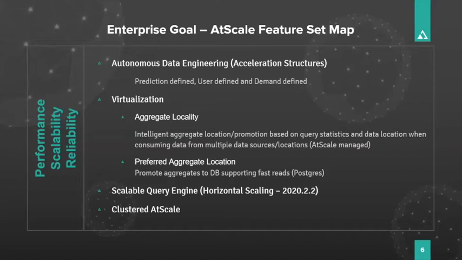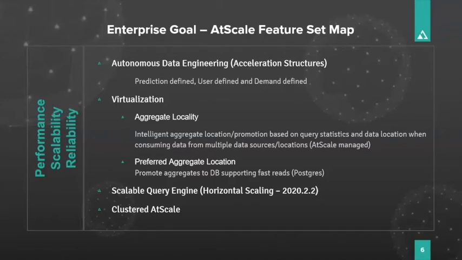And then in Q4 of last year, a virtualization capability was added to the AtScale platform. I will talk specifically about two key features within the virtualization framework that allow you to gain performance. One is aggregate locality.